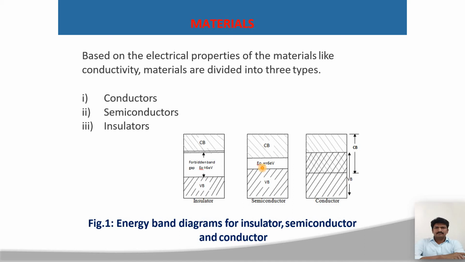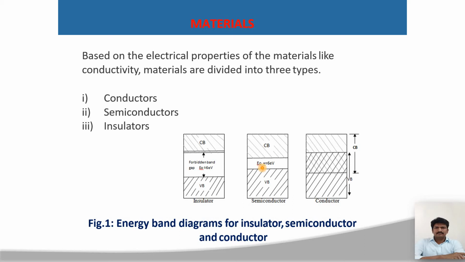In the semiconductor material, the energy band gap is equal to 1.1 electron volt or less than 1.1 electron volt, depending upon which semiconductor material you have chosen. What is the meaning of semiconductor material? This semiconductor material behaves in between a conductor and an insulator.